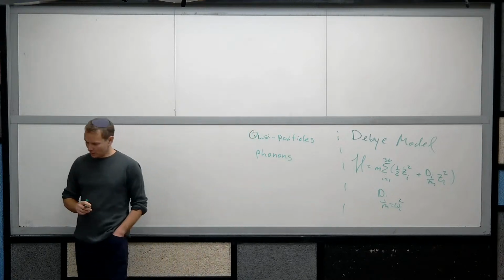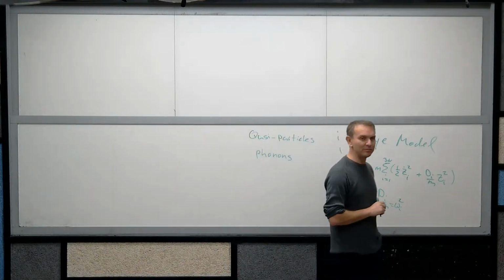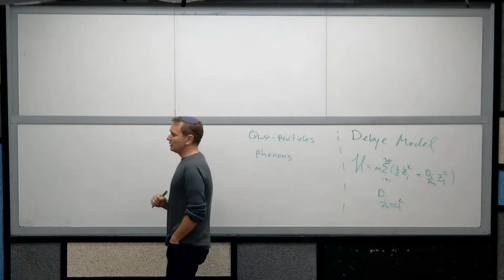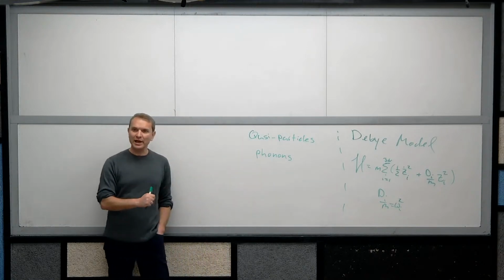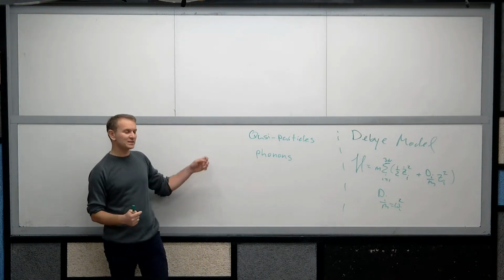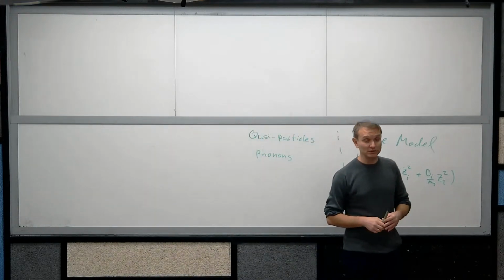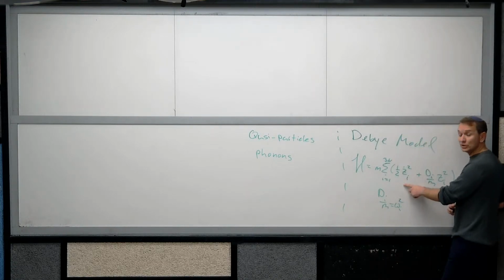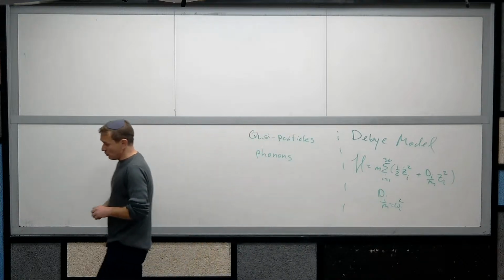So our plan was to address the problem of the solid and the specific heat of the solid when we use for the description of energy those quasi-particles, those phonons, which are normal modes of the solid. And we can write the total energy as a sum of energies of all the different phonons that we have inside.